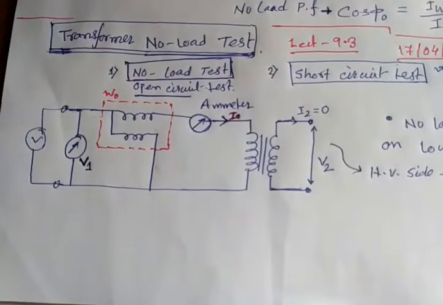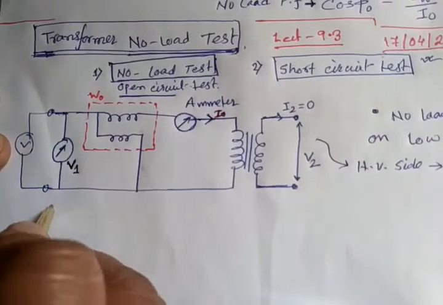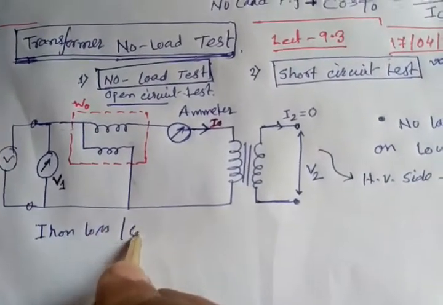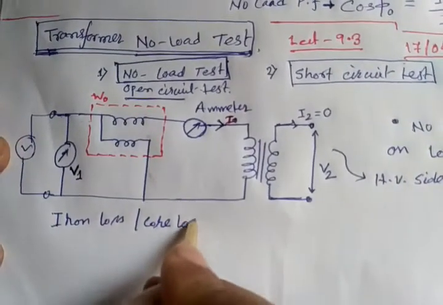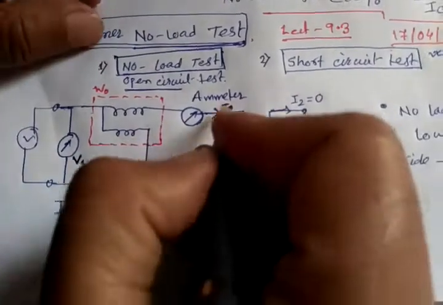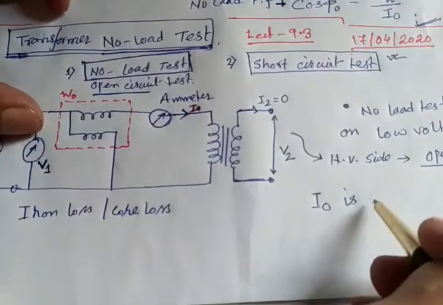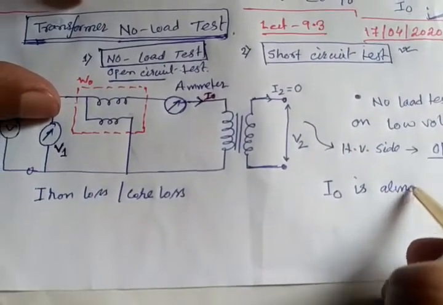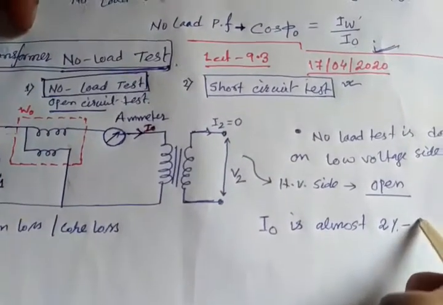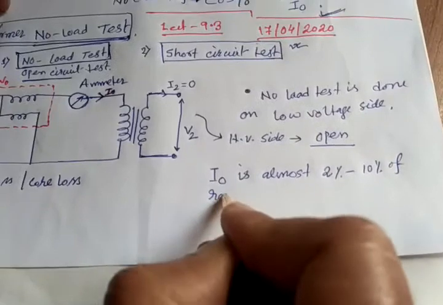First of all, here we see the iron loss. We already know the iron loss or core loss matters here, because copper loss is very small. Why? Because this current I0 is almost 2% to 5%, maximum 10% of the rated current.